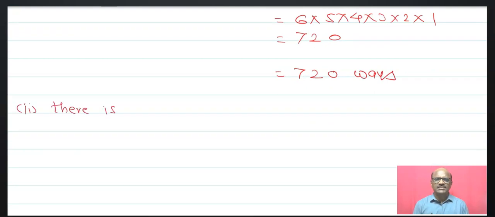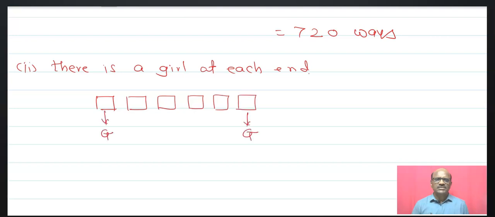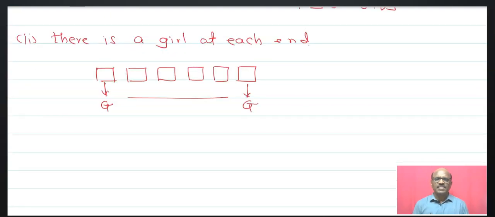Now in the second case, there is a girl at each end. Now see this. The total is 6, G and G at the ends, and the remaining 4 places.